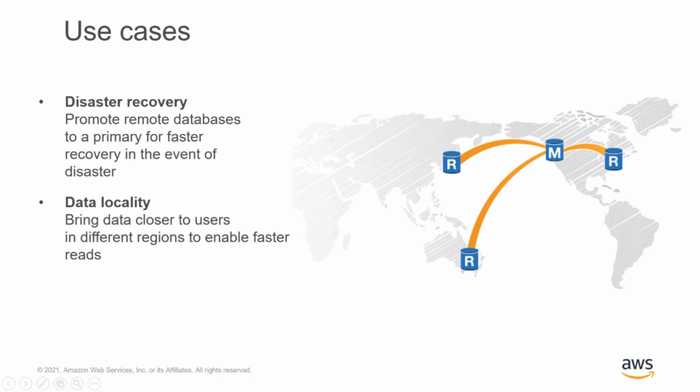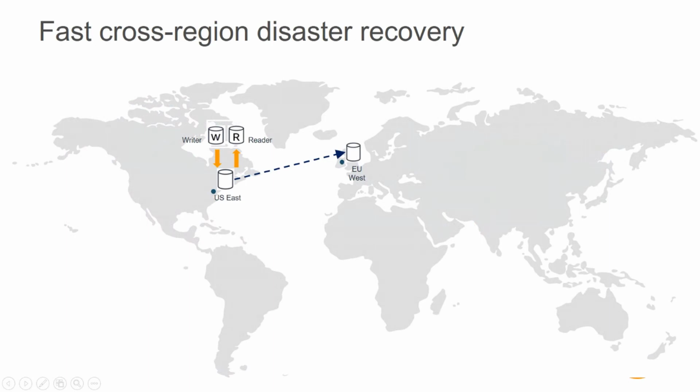All right. So, when you have a natural disaster, let's take a look at the fast cross region disaster recovery use case. When you have a natural disaster or some regional level availability issues, as I pointed out a few minutes back, global database distributes your data and replicates your data across multiple regions so that you can have remote readers that can be promoted quickly for faster disaster recovery.